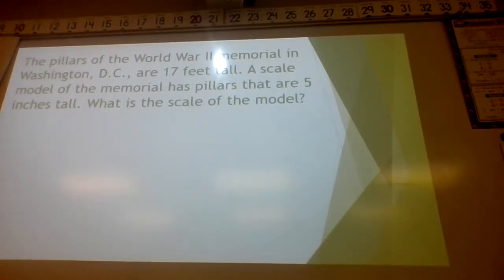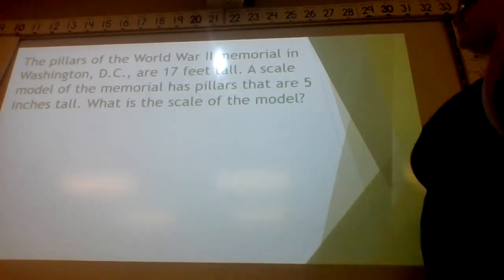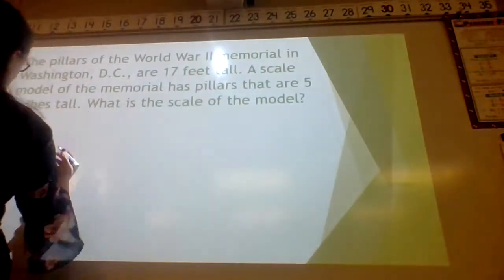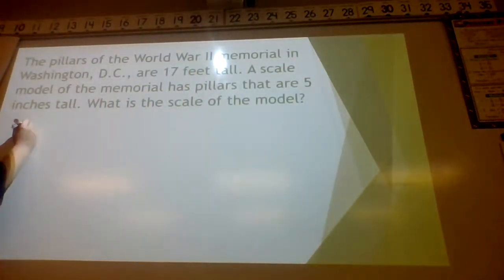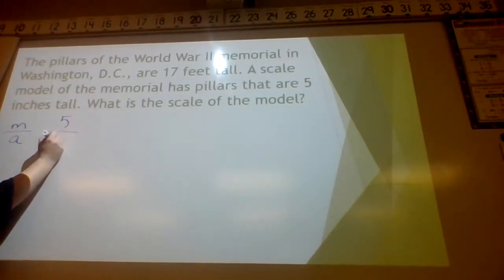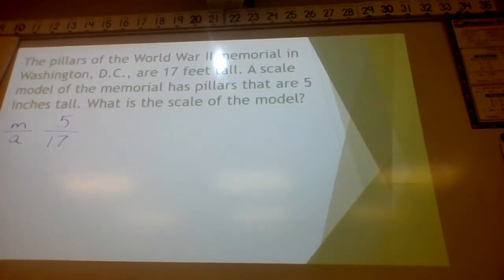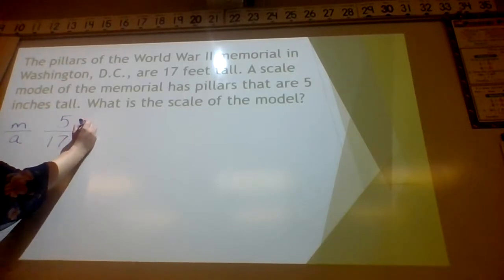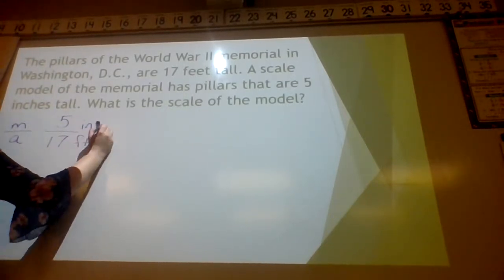How are we going to set it up? 5 over 17, model over actual. But it's not just 5 and not just 17, it's 5 inches and 17 feet. Then put it equal to.